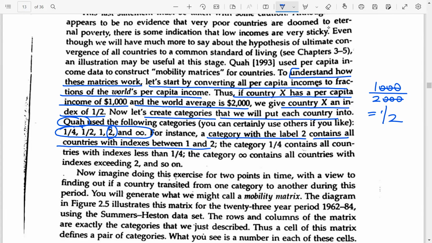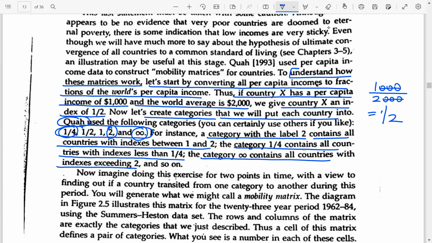Category 1/4 will contain all countries with indexes less than 1/4. Category infinity contains all countries with indexes exceeding 2. We are looking at this mobility matrix to understand how countries have performed in terms of their per capita income.